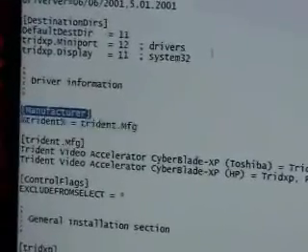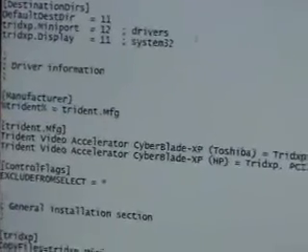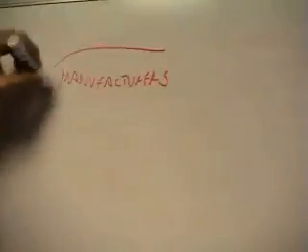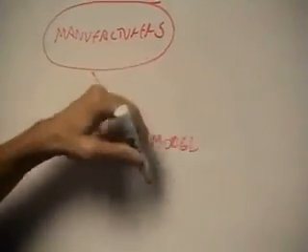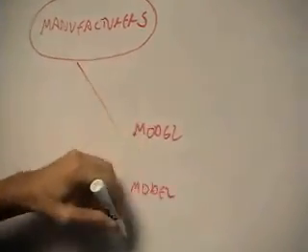Next, we actually get into kind of the meat of it. You can think of an INF as a tree. So what you have is a list of manufacturers, and then under each manufacturer, you have a set of models.